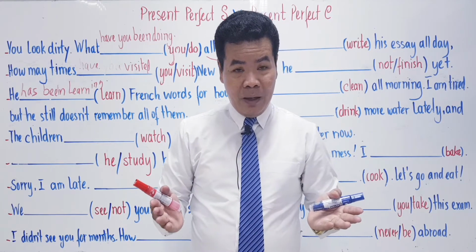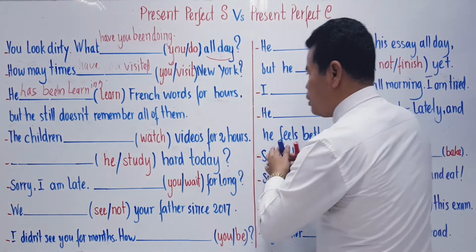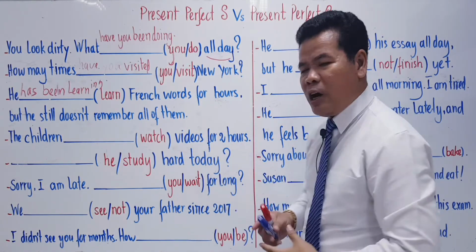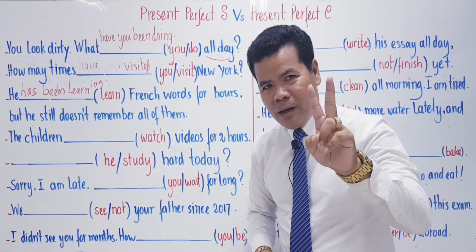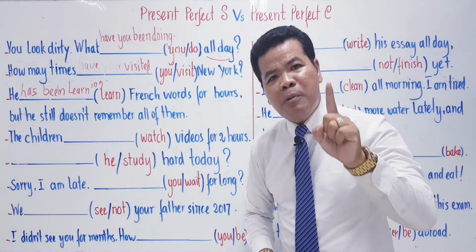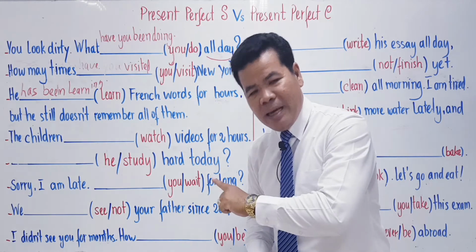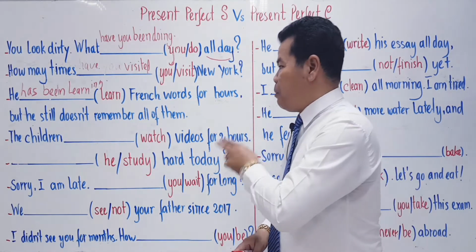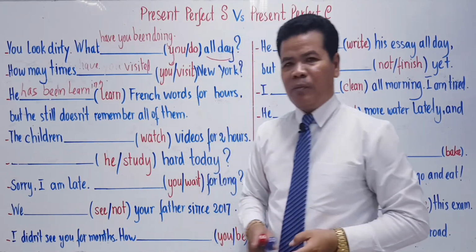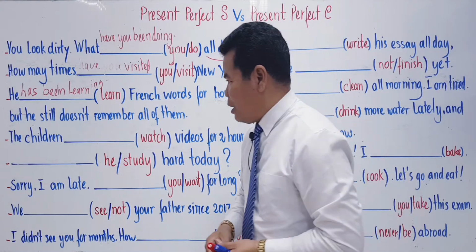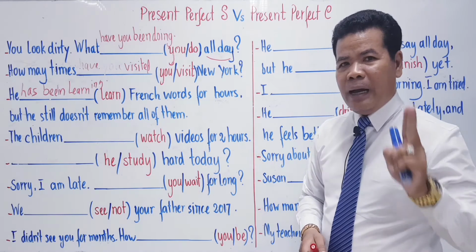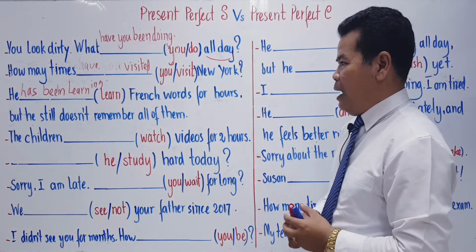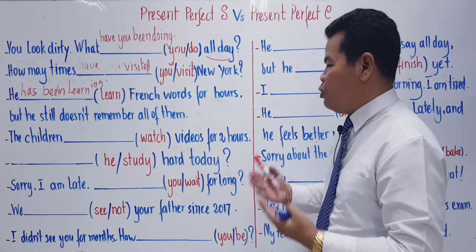Understand? But in this sentence, we don't have any keyword to tell us. So we have got two choices. First, you can use present perfect simple in this sentence. Second, you can use present perfect progressive. You can say the children have watched video for 2 hours. Another one, the children have been watching video for 2 hours.